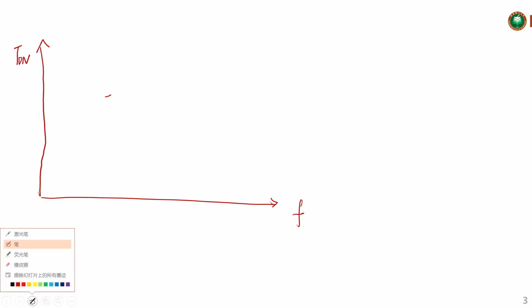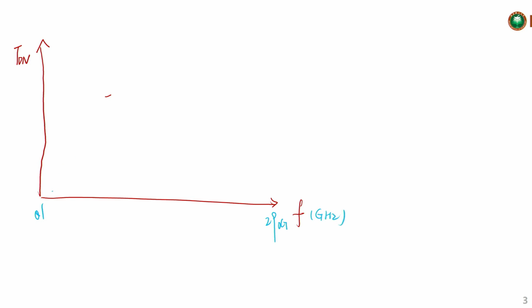From 1 gigahertz to 90 gigahertz, we have two peaks for the water vapor and two peaks for the oxygen.